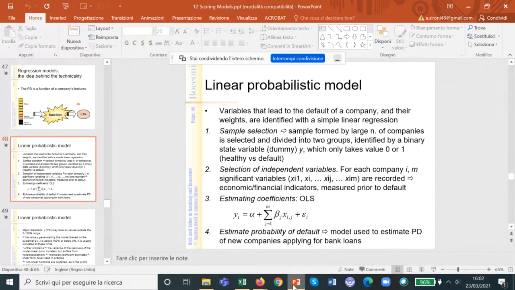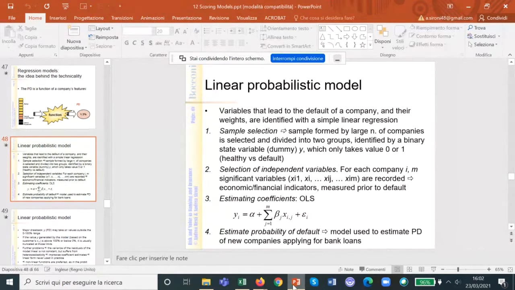Therefore, this way, we estimate the coefficients beta that we assign to each one of the independent variables. And clearly, because the dependent variable can take a value between 0 and 1, we can say that the output y of this model, if we apply that to a company which is out of the sample, is a proxy of the probability of default.